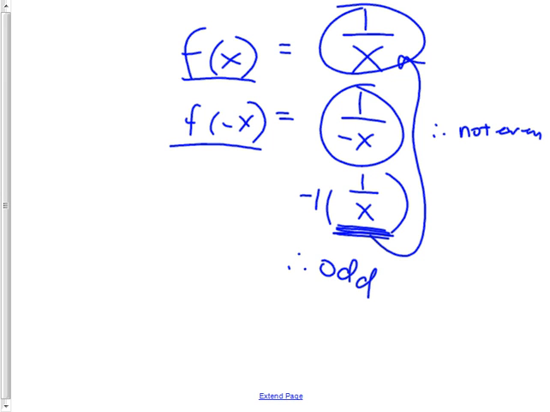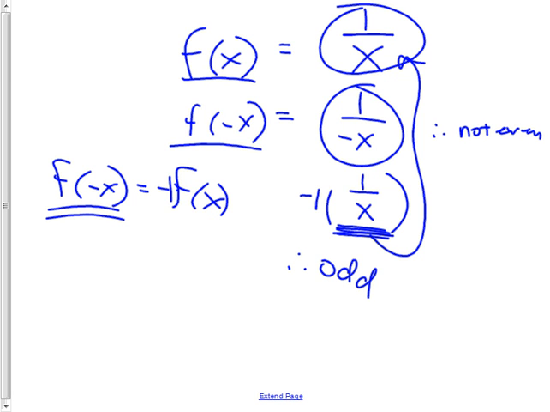Remember, the rule for this is that f of negative x should be equal to negative of f of x. Do you get how that's the same as negative 1 times f of x? That's the rule for odd things, is that if you put in negative x, you'll get the same as the opposite of f of x, a negative 1 in front of the f of x. See, here is the negative 1 in front of the f of x. So it's odd.